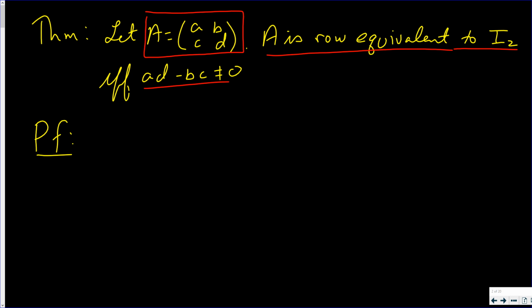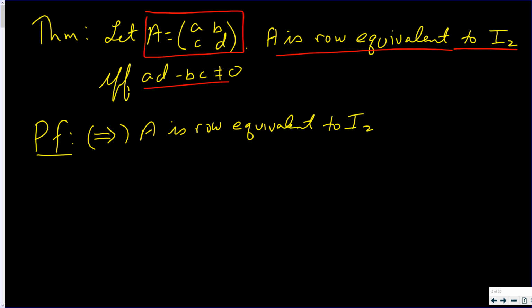So we're going to start off with A is row equivalent to I2. But that implies A and C can't both be 0.